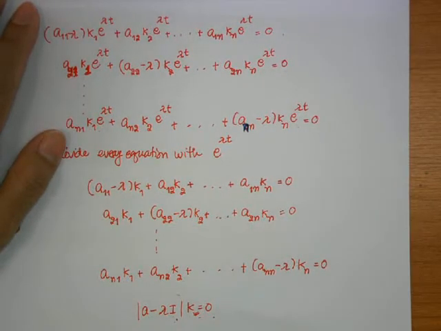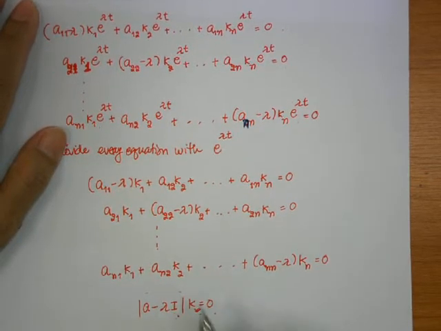And from whatever we see in here, it is the determinant of A minus lambda I times k equals 0.